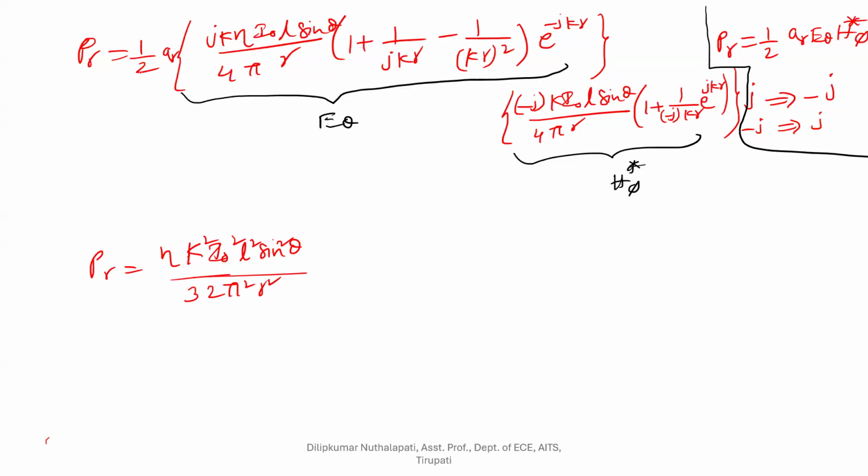That is, the term outside the parenthesis is 2, 4 and 4, 16, 32.